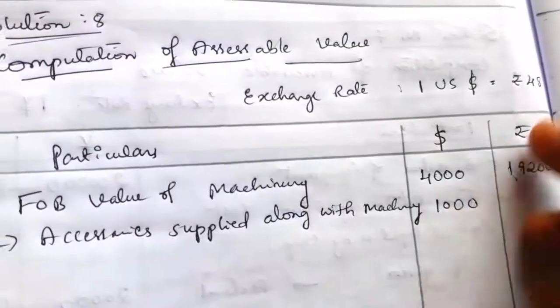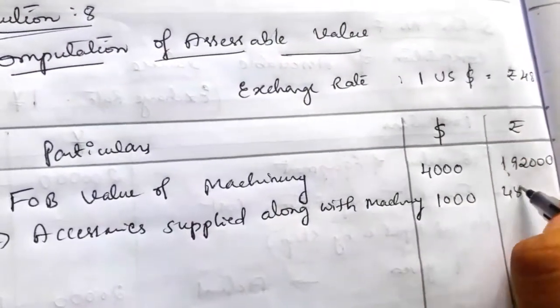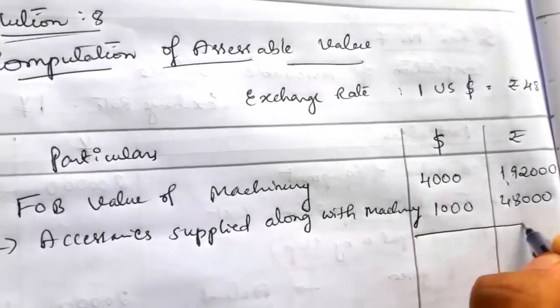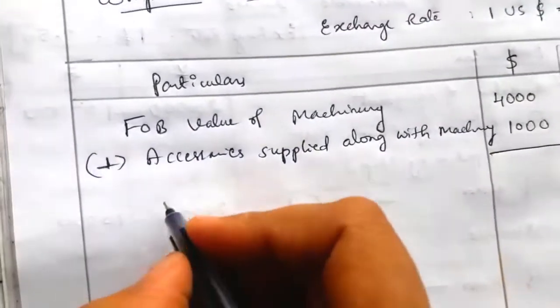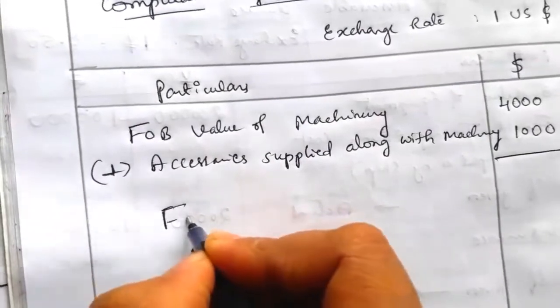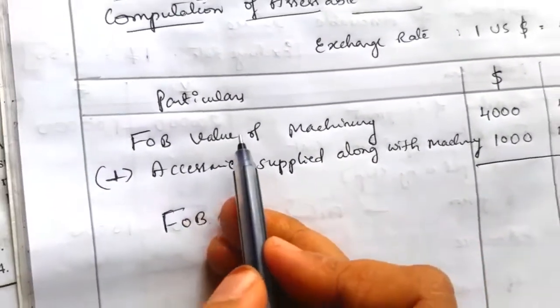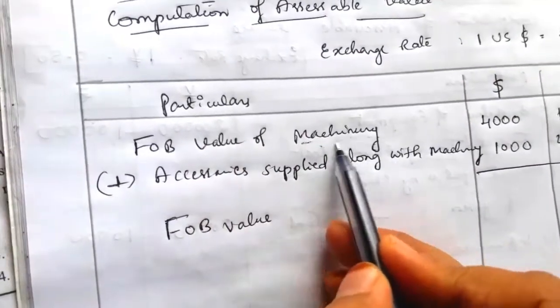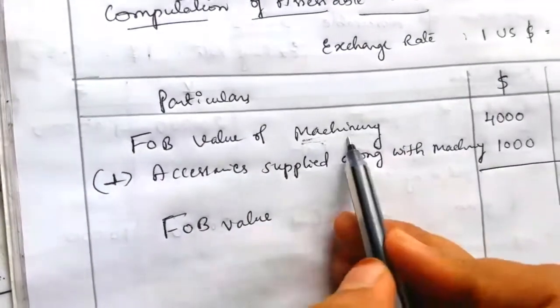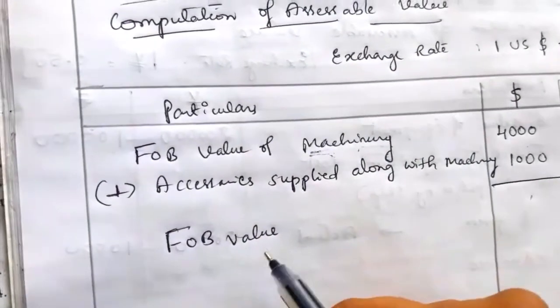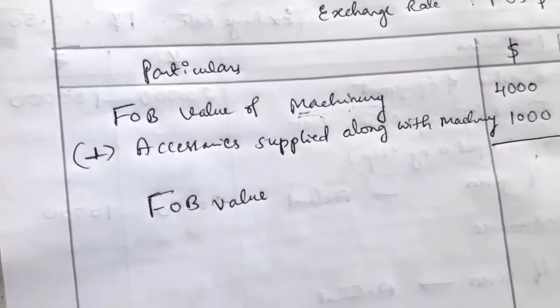Now convert 1000 into 48, which is equal to 48,000. So this is nothing but the final value of FOB. Here they have given the FOB value of only the machinery. Along with the machinery they have supplied the accessories also, that also we have to add for the FOB, the total value.